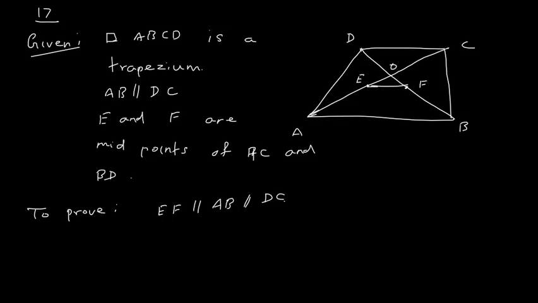Now here I will do a small construction. So let us say construction. What we will do, we will join this DE and extend it so that it will intersect AB at point G. So this is our construction.